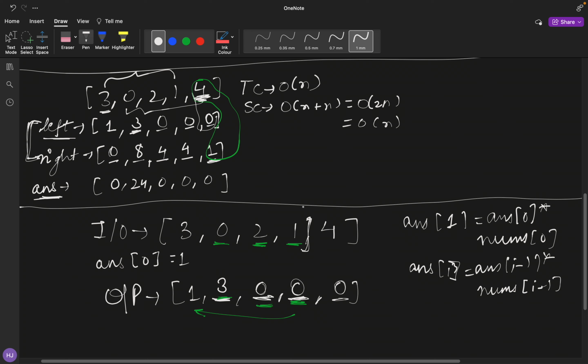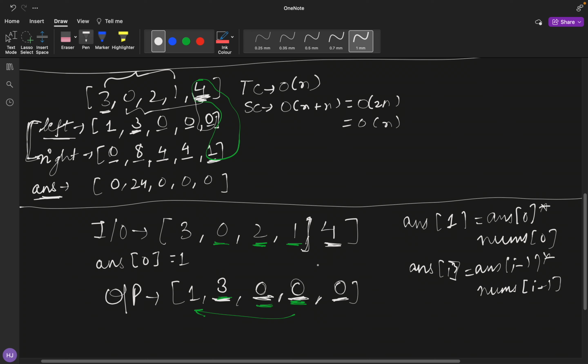Fair enough. So now what I actually need at this index is the product of all the elements from 1 to i minus 1, n minus 1, it's n minus 2 elements that are present before this element, right?